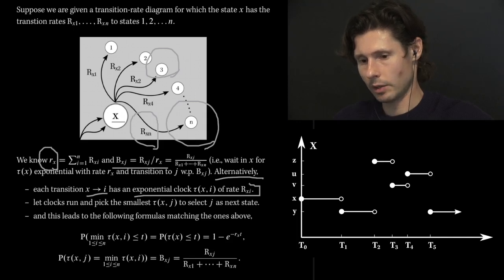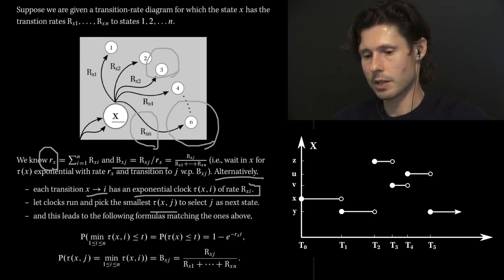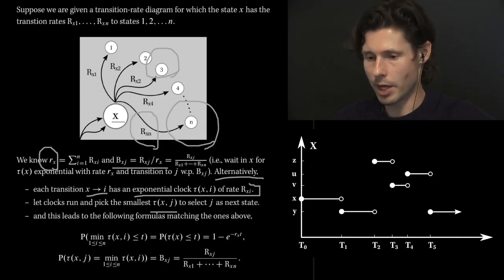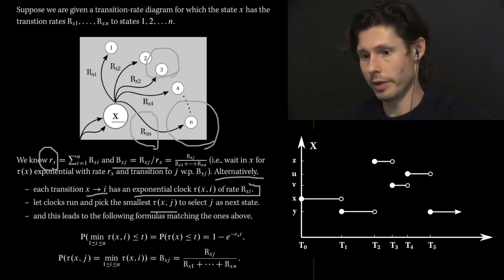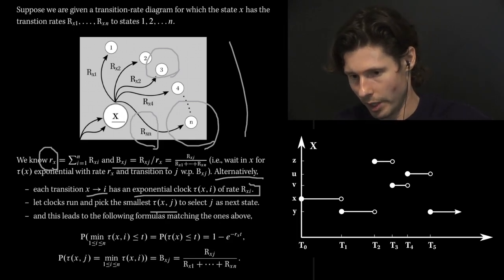We let those clocks run and pick the smallest tau xj to select the next state. It's just an alternative way of thinking about this. One way is we stay in state x for some amount of time and use the embedded chain. The other way is to run all of these clocks for every single possible transition in the diagram and pick the winning clock.